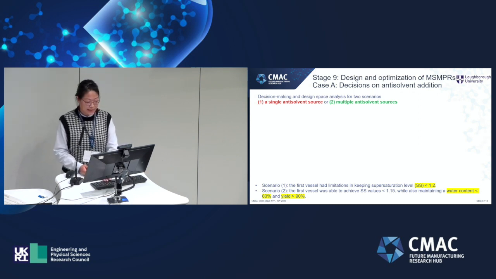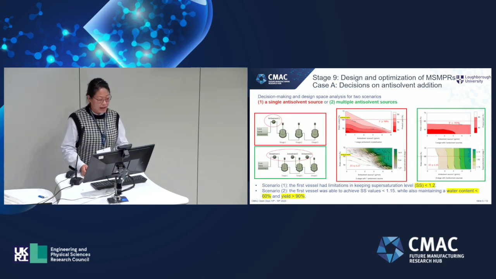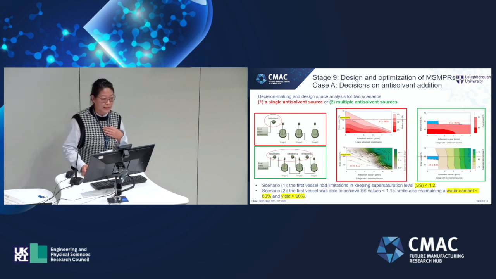A case study here at stage 9, on decision making, is the design space analysis for single antisolvent source and multi-antisolvent sources. We found that the multi-antisolvent sources have a satisfied operating zone in terms of the 3 key performance indicators we defined previously.